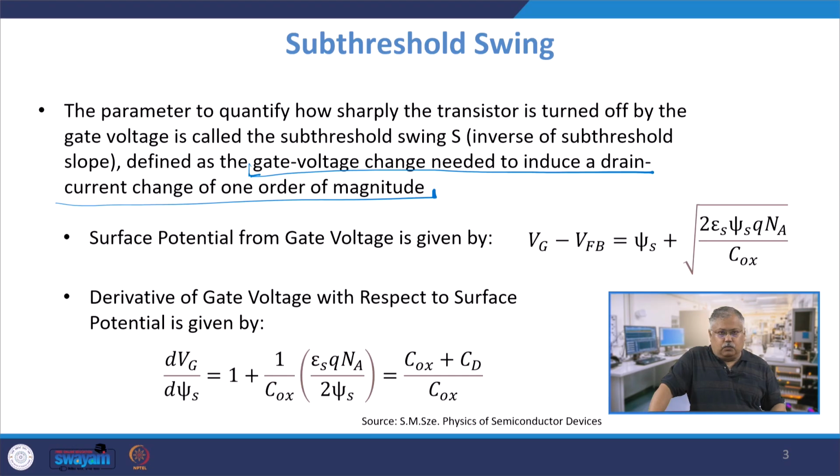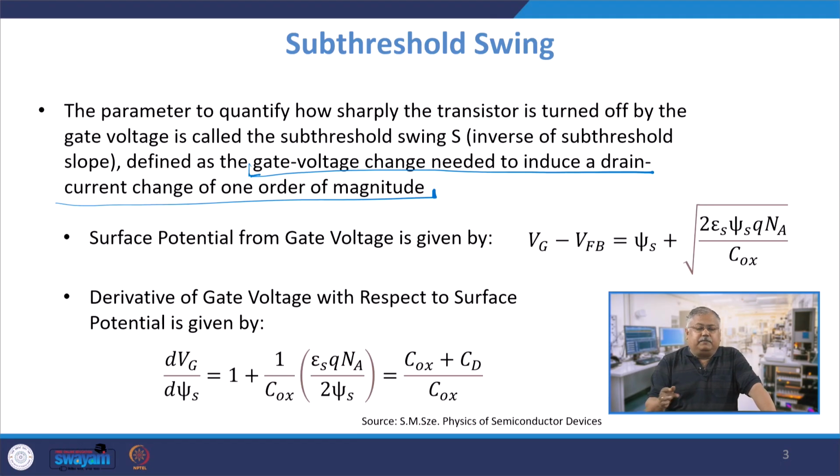Now, 1 order change in the current is the sort of benchmark which has been introduced. You must be aware that when you apply a gate voltage on the metal side of a MOSFET, you end up losing at least one flat band voltage before the voltage is visible at the silicon dioxide interface.